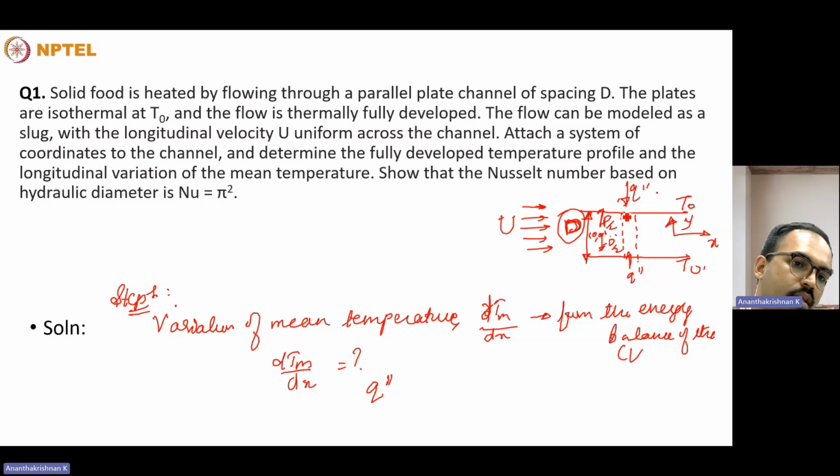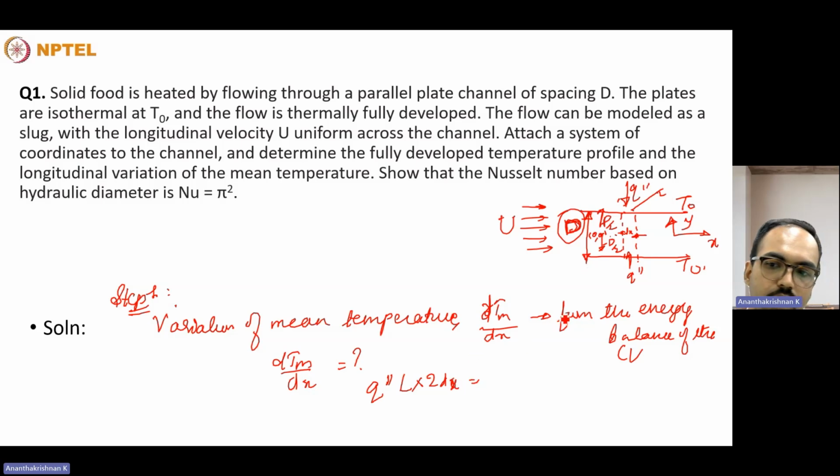We can assume this channel extends to a length L. So that length multiplied by 2 times dx will be the area through which the heat flux happens.